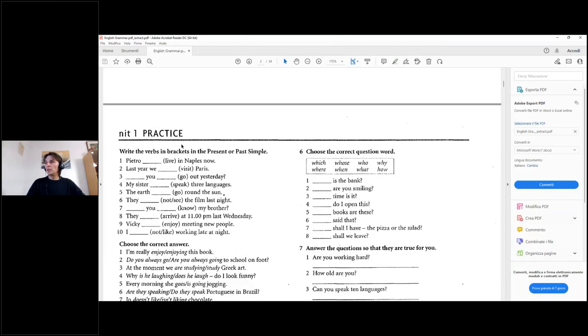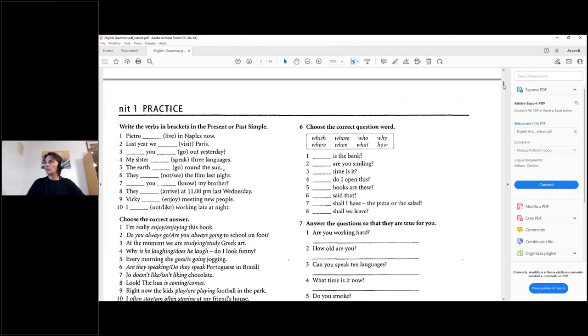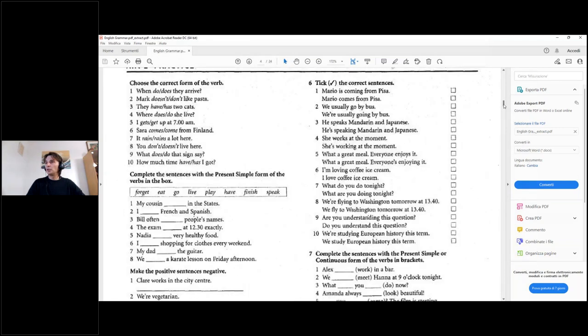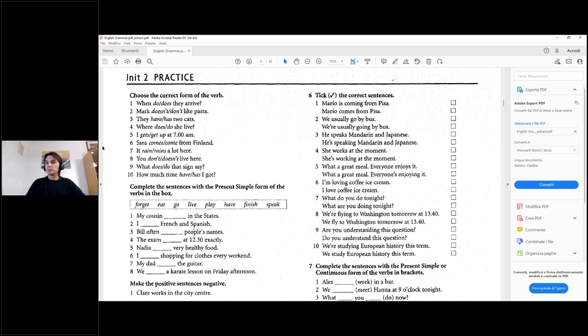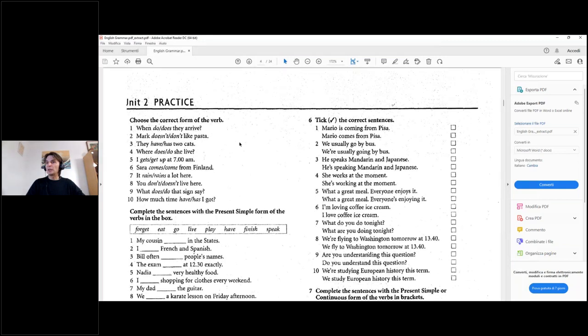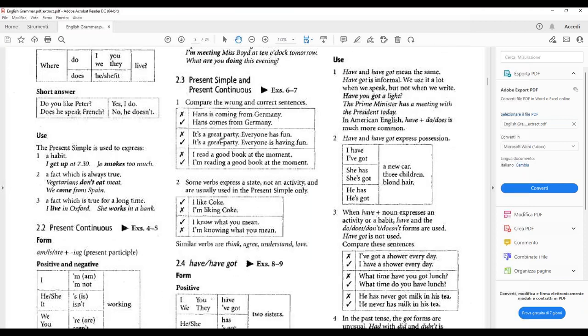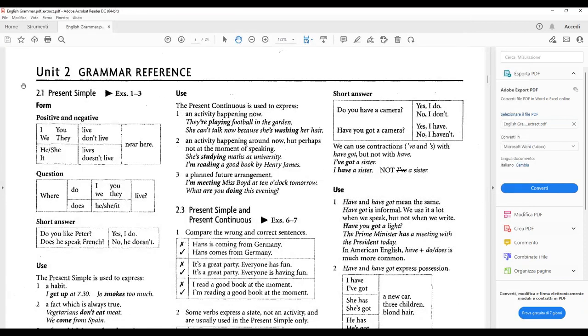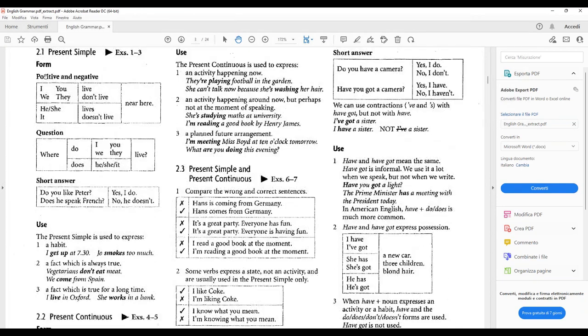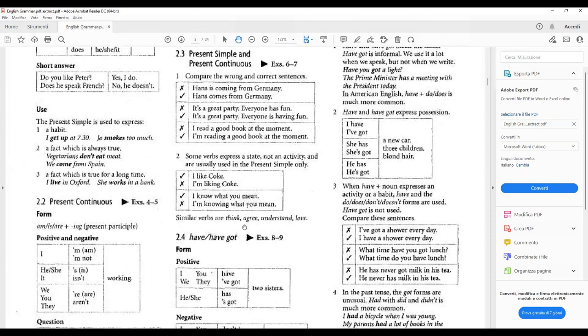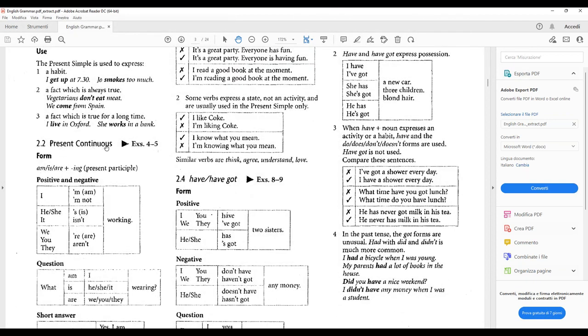So you should have been able to print Unit 1 practice and Unit 2 practice. Okay. So this is where we stopped last time, actually. We covered this grammar reference. We talked about present simple in positive, negative, and question forms. We covered short answers. We covered present continuous.